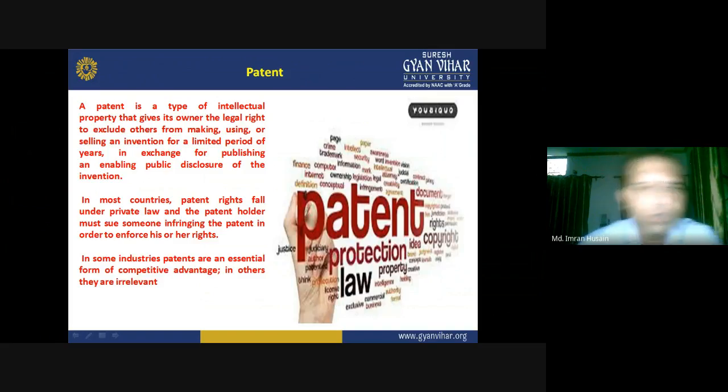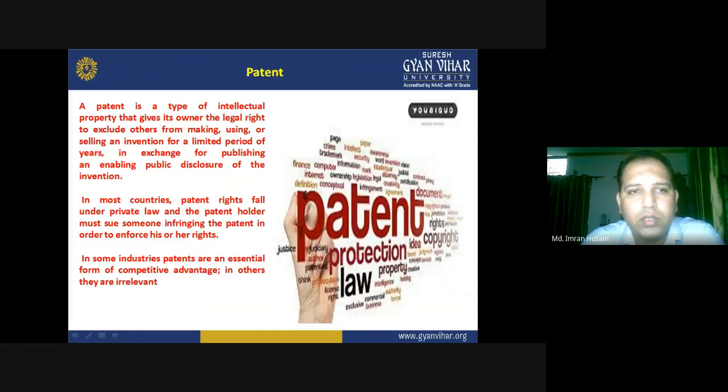So, coming on to the patent. A patent is a type of intellectual property that gives its owner the legal right to exclude others from making, using, or selling an invention for a limited period of years in exchange for publishing and enabling public disclosure of the invention.